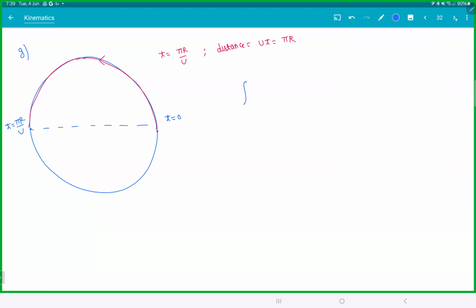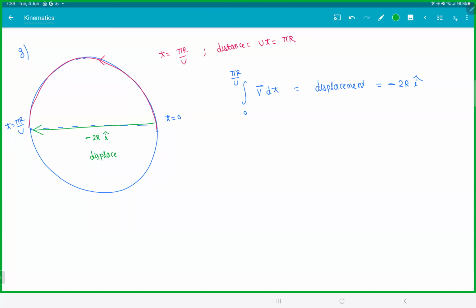Now let's try to understand integral v bar dt. This is velocity, this is displacement. So indirectly you're asking me to find the displacement from 0 to pi r by u, which is minus 2r I cap, isn't it? That's what you're asked to find, minus 2r I cap displacement.